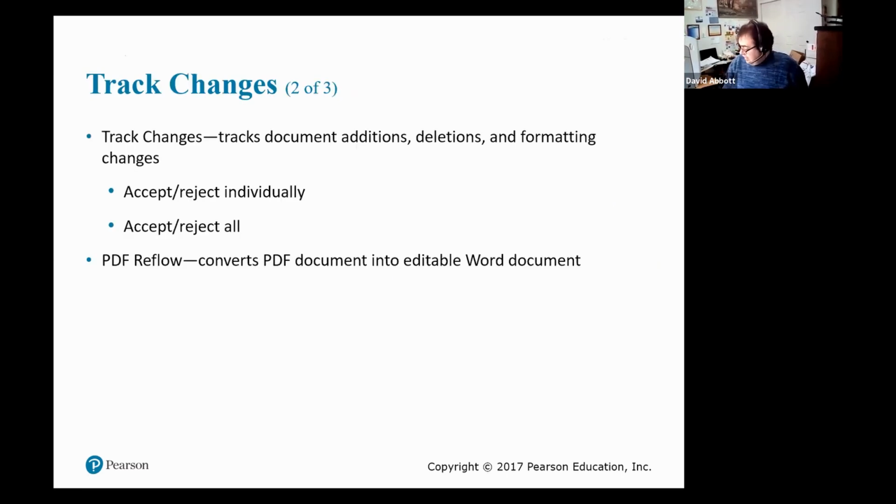Track changes. Word's track changes feature keeps track of all additions, deletions, and formatting changes made to a document. You can review changes individually, accepting or rejecting them, or you can accept or reject all changes made in a document. When track changes is active, revision marks indicate where a person has added, deleted, or formatted text.